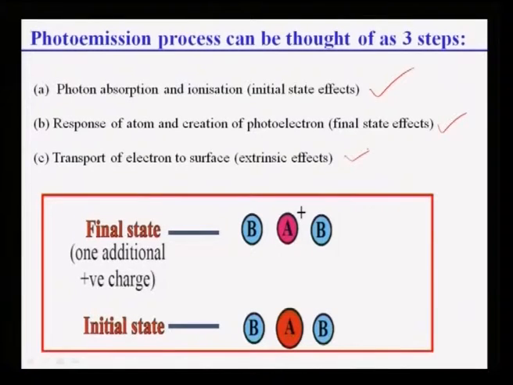So first is absorption, the X-ray photon h nu gets absorbed, and this causes ionization of the material. Ionization means removal of an electron from the core shell, and this leads, in the second step, to photoelectron generation, and then the photoelectron moves. Therefore the final state has one additional positive charge.